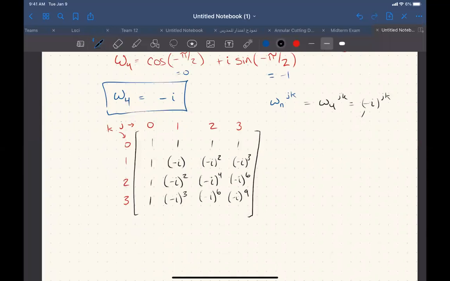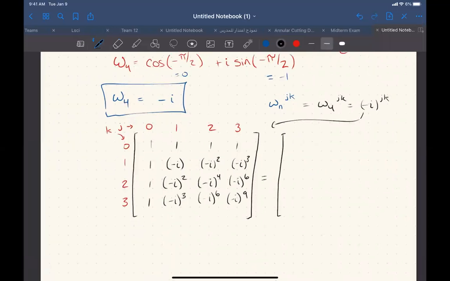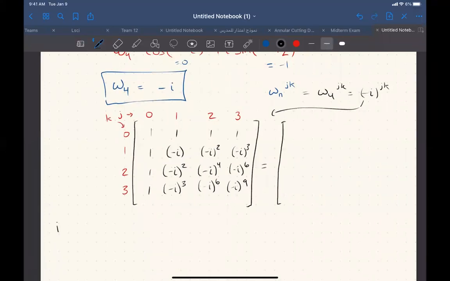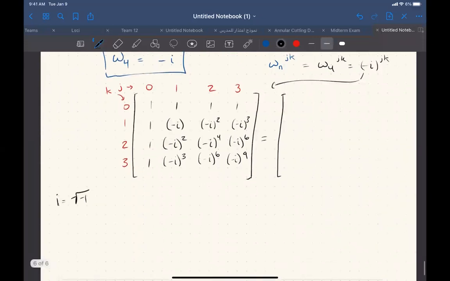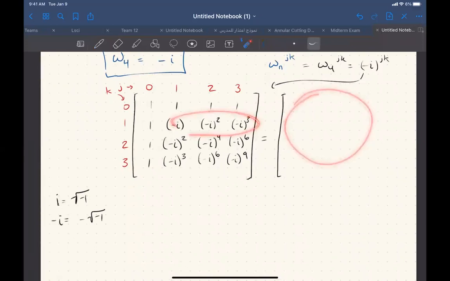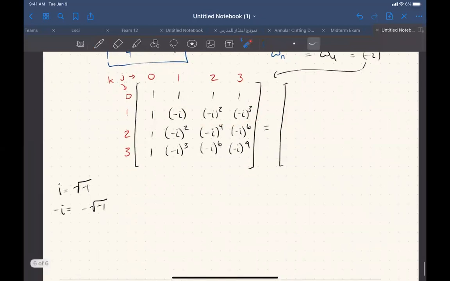Okay, now we can simplify this. You'll recall that since i is the square root of negative 1, then negative i is negative the square root of negative 1. This can get tricky, but the answers when we simplify will just be combinations of negative i, positive i, 1, and negative 1.